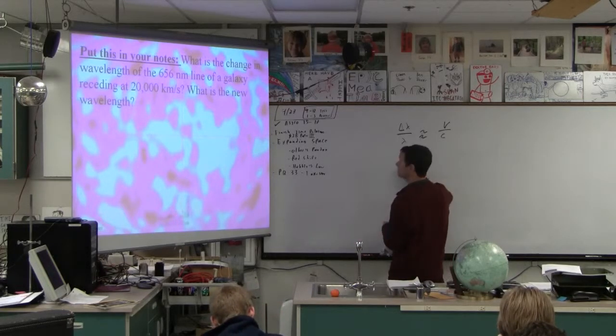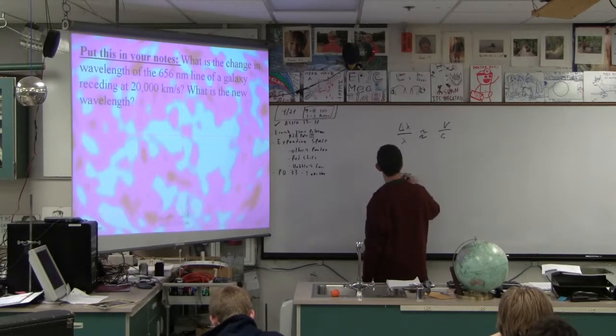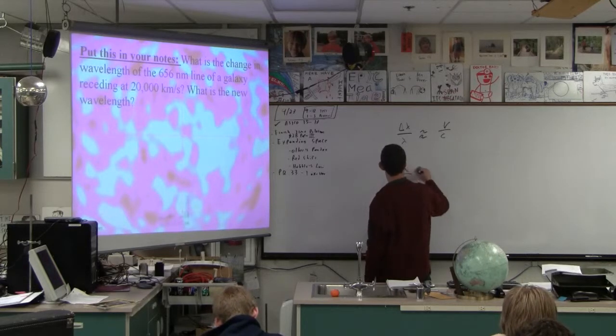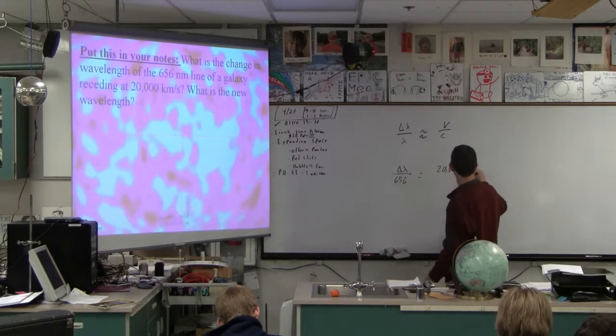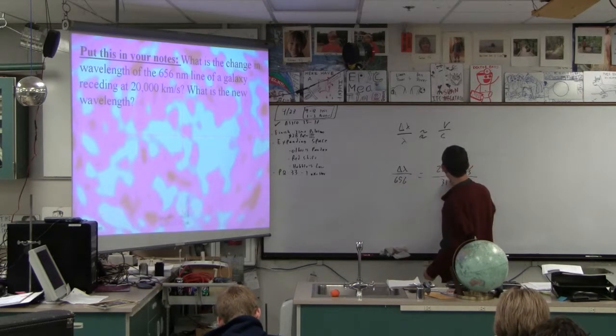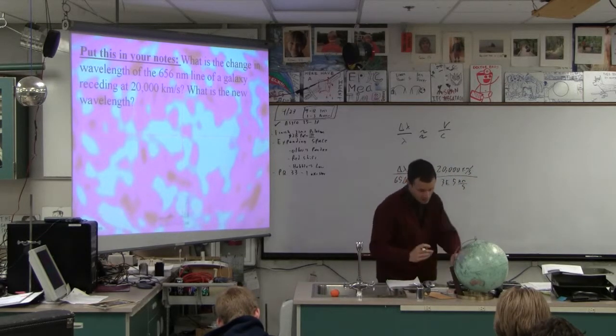Okay, so let's go ahead and set that up. It's a 656 nanometer line. We're trying to find delta lambda. It's 20,000 kilometers per second divided by 3e5 kilometers per second. It's 3e8 meters per second, which is 3e5 kilometers per second.